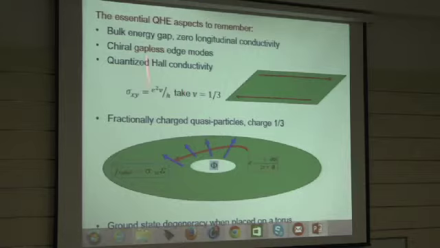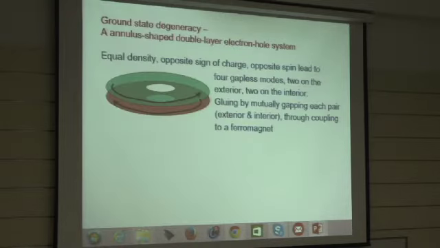So this was a quantum Hall primer, what you need to keep in mind for the rest of what I'd like to talk about. Now, since I talked for like half a minute about the one annulus geometry, I'd like now to look at two annuli, an annulus above another one. So here we have a green annulus and a red annulus, and each one of them is in a perpendicular magnetic field.